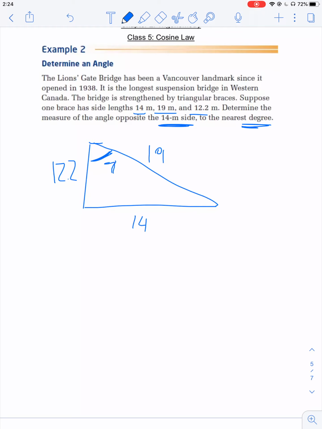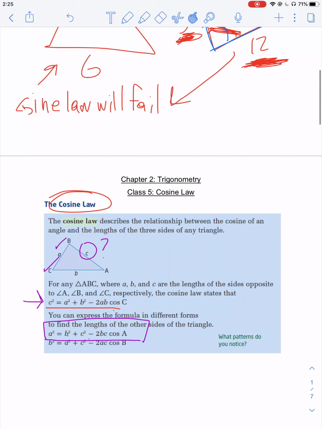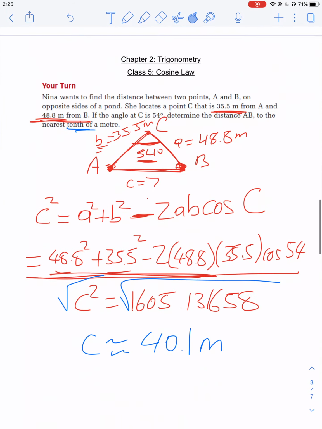Because of that, when you're given a situation like this, go with the formula that might be the easiest one for you to use. Maybe this one. This is what I'm going to use because this kind of looks like the Pythagorean theorem, so it's really easy to apply.